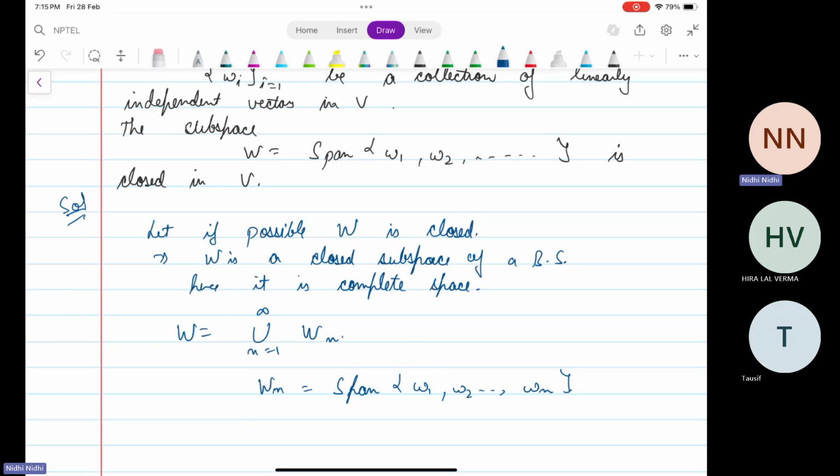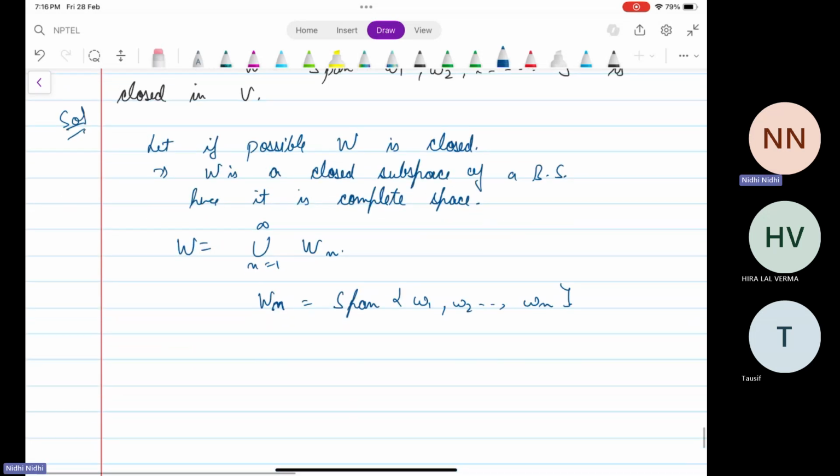Because clearly for any vector W in W, it is a linear combination of vectors W1, W2 and so on. So when we take elements in the span of an infinite set, each element is a finite linear combination. So each element can be taken from these vectors Wn. Hence, I can write this W to be equal to this union Wn.